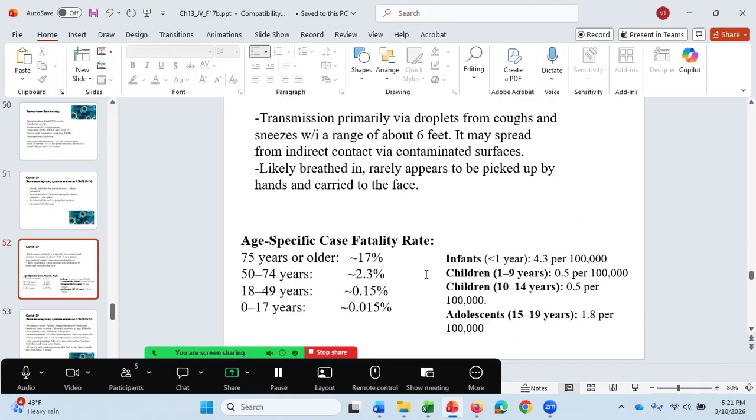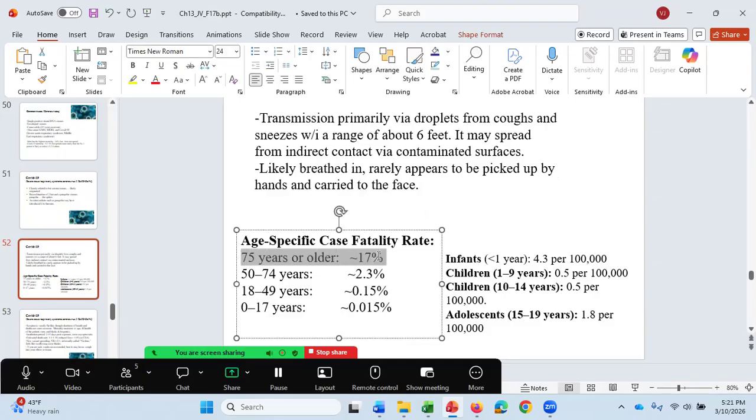COVID-19 is much more serious in an elderly adult. Of people 75 or older who come down with COVID-19, about 17% will die. This is obviously people who have not been vaccinated, and maybe not people who have had COVID-19 before, although I'm not positive of that because COVID-19 doesn't give strong or long-lasting immunity when you get the infection.